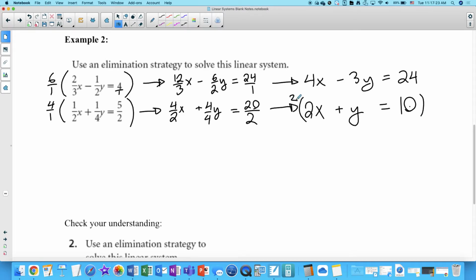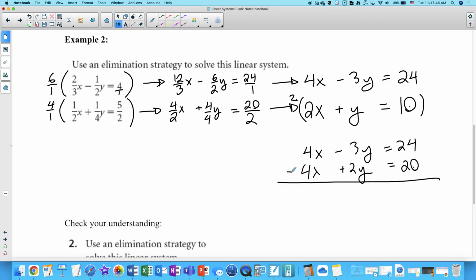then I'm still going to have the first one, 4x minus 3y equals 24, but the second one will become 4x plus 2y equals 20. And then I have to subtract.